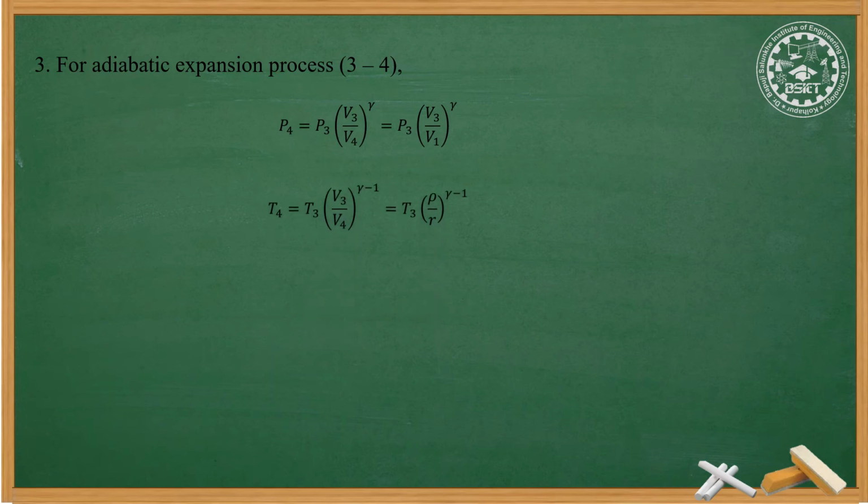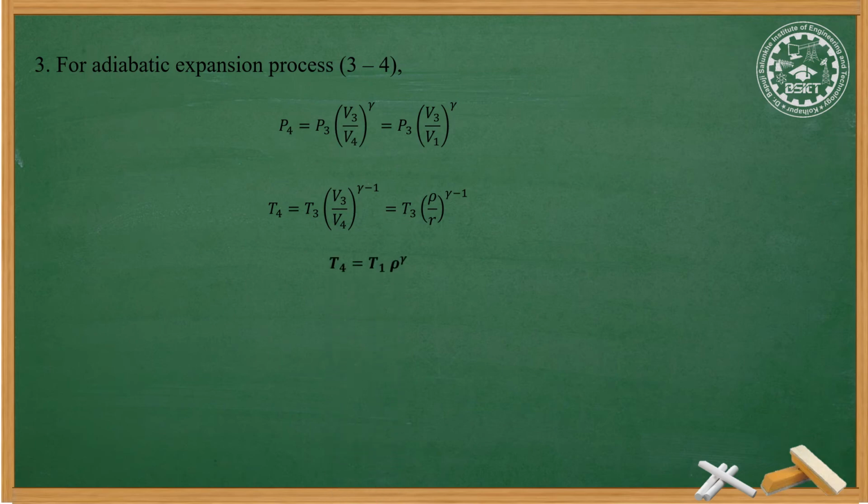Substituting these values, we get T4 upon T3 is equal to (V3 upon V4) raised to gamma minus 1, that is equal to (rho upon r) raised to gamma minus 1.